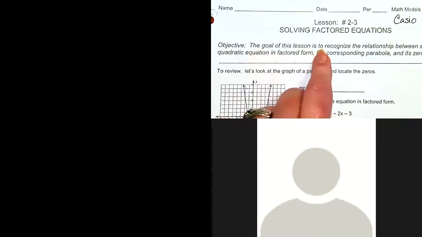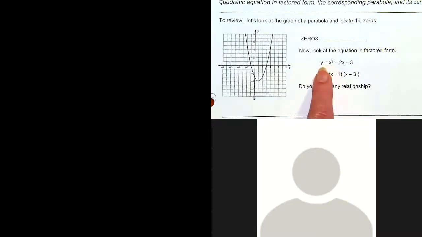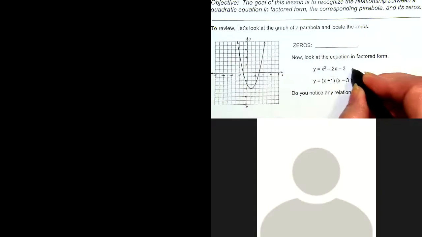And so we're going to go back to the document. The goal of this lesson is to recognize the relationship between a quadratic equation and its factored form. So here's the quadratic equation that we've been working with: x squared minus 2x minus 3, which is called standard form.